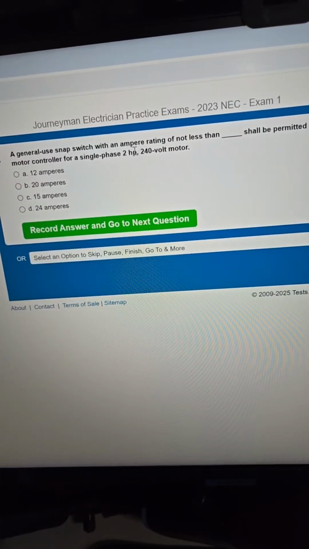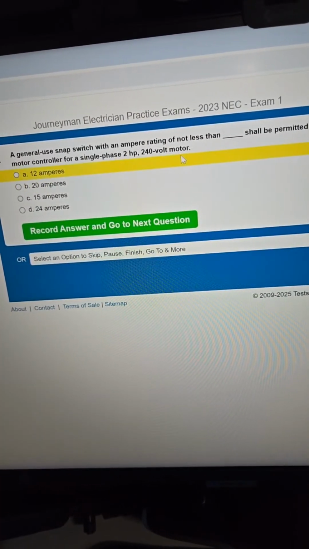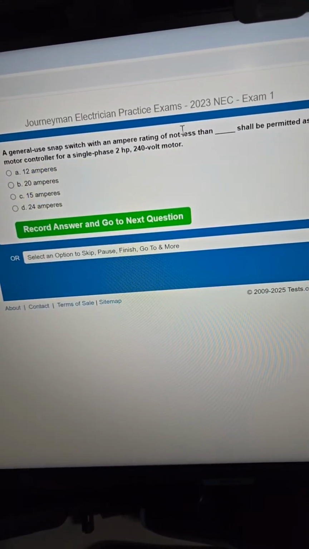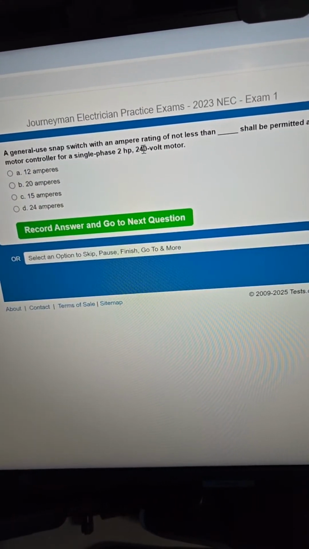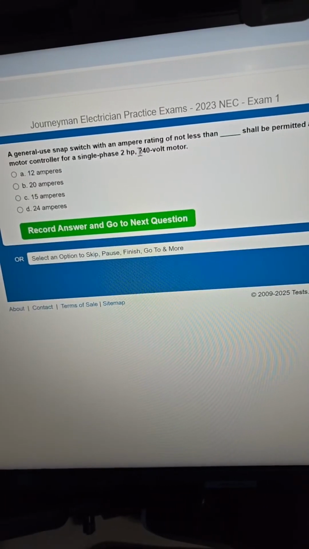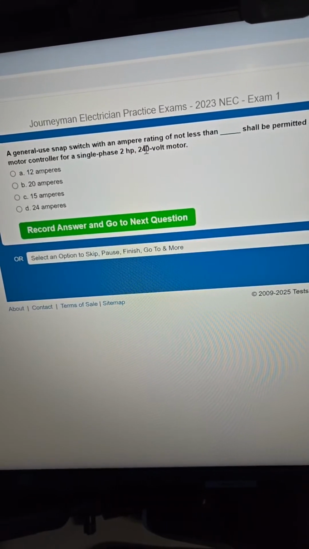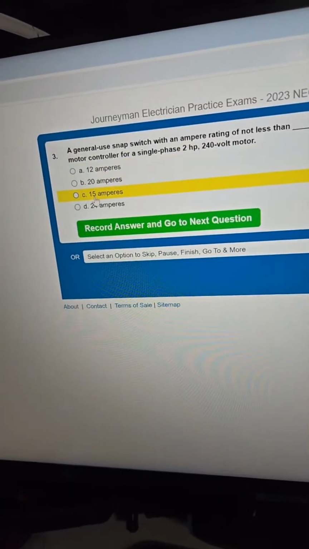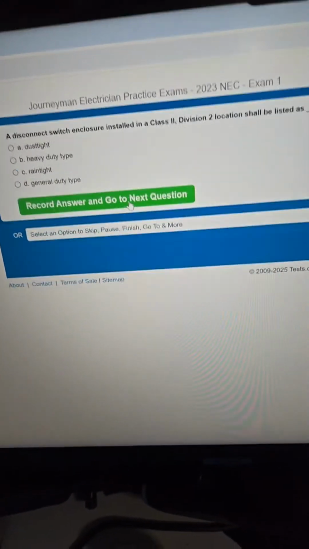So we have the volts. We have, so P is 14 divided by 240 is going to give us 7. I'm going to say 15 amps. We're just going to go 15.